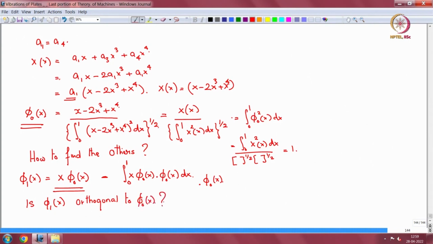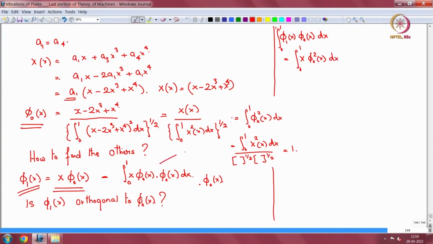Because if I multiply phi 1 of x by phi 0 of x and integrate 0 to 1, I will do that here. On the right I get x phi 0 square, then I integrate from 0 to 1 dx.